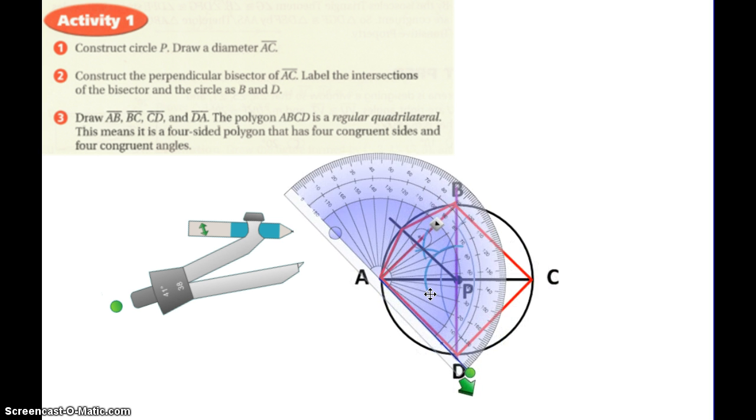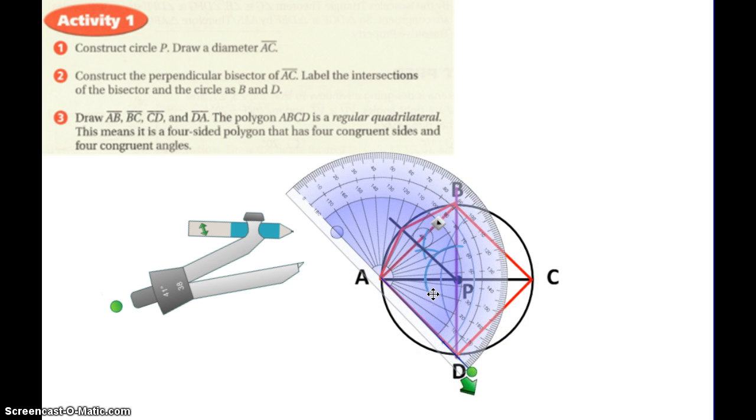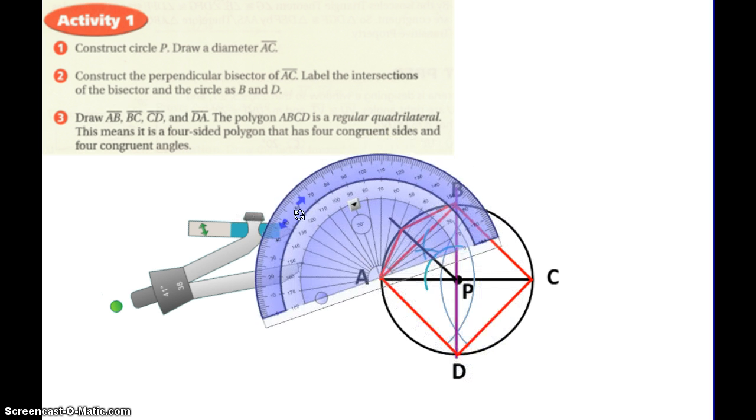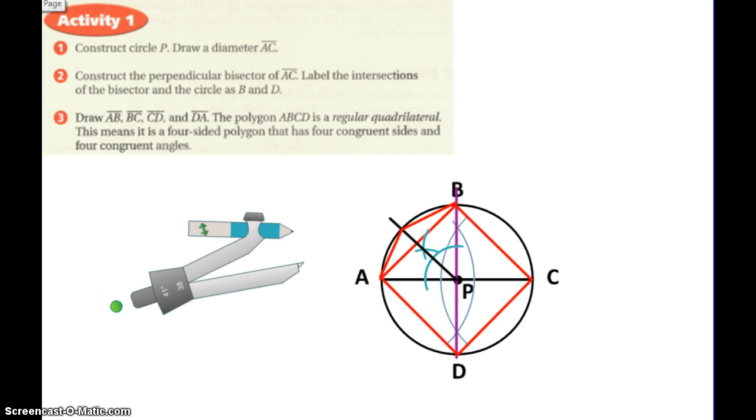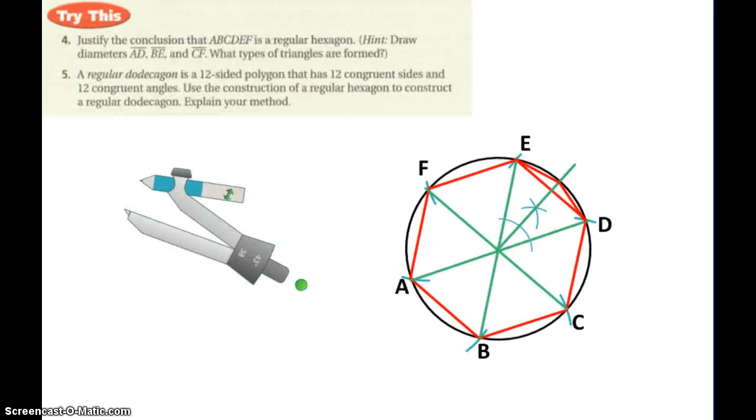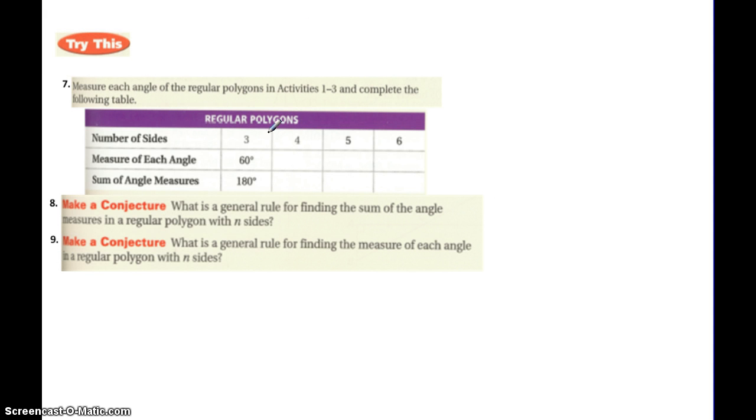Do the same from point A. Vertex at 0, 0. Okay, line up your other side. 90 degrees is angle A. So all 4 of these angles are 90 degrees, which means they must add to 360 degrees. So let's go back to that. So we have 90 degrees here and 360 degrees.